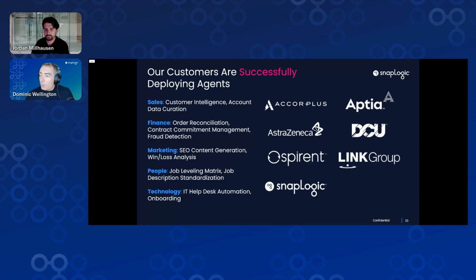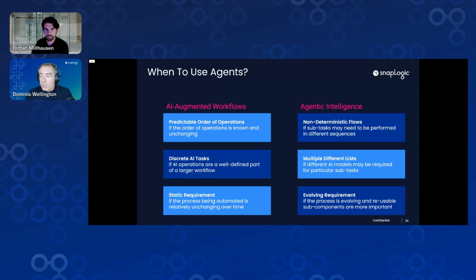But just to wrap up with a couple of other things. Now that you've seen an agentic AI workflow, maybe it makes a bit more sense what I was saying earlier about the difference between just using an AI step, an LLM step as part of a normal workflow and what a truly agentic workflow is. So an AI augmented workflow will have a predictable order of operations.